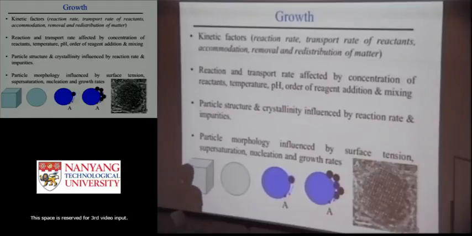You want to reduce the total energy. So how to reduce the energy? First of all, what is the definition of surface energy? Surface energy is surface tension multiplied by the surface area of the particle.